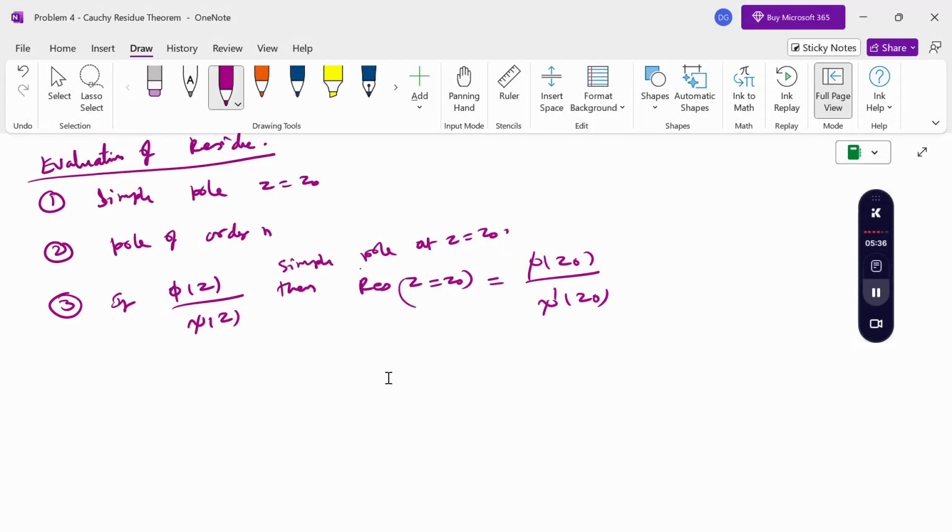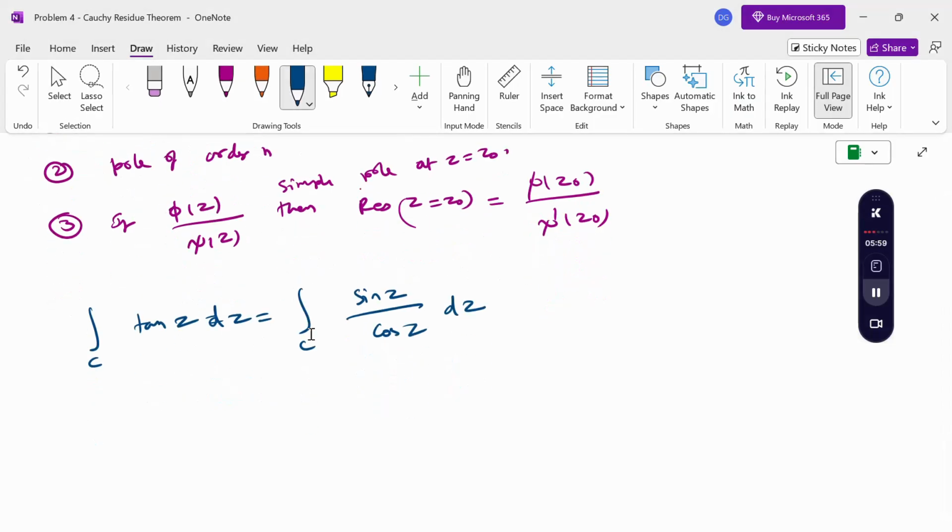In this third formula, when I consider tan Z, the integral over C of tan Z dz equals the integral over C of sin Z by cos Z dz.